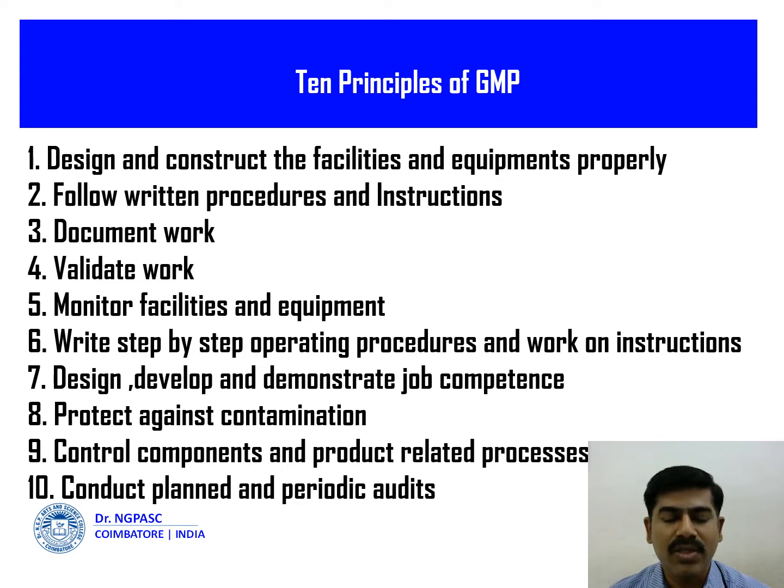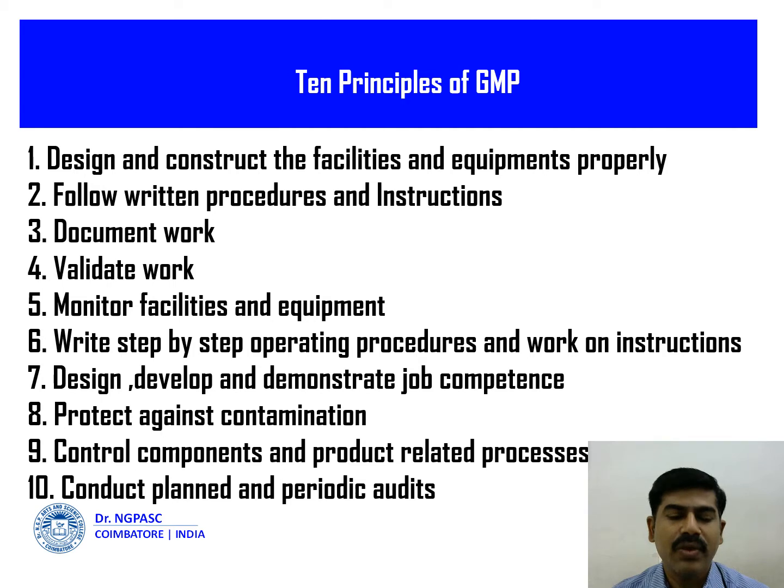For sterile facilities, we have to follow environmental monitoring. The raw materials are monitored for their microbial load, and the quality of air is to be checked periodically. Then write step-by-step operating procedures and work instructions.